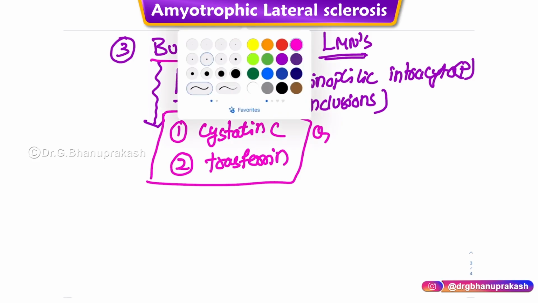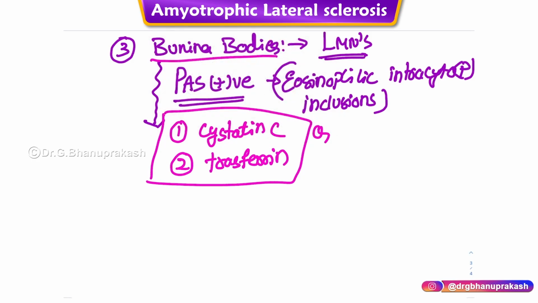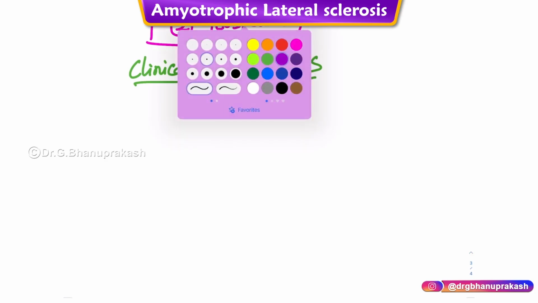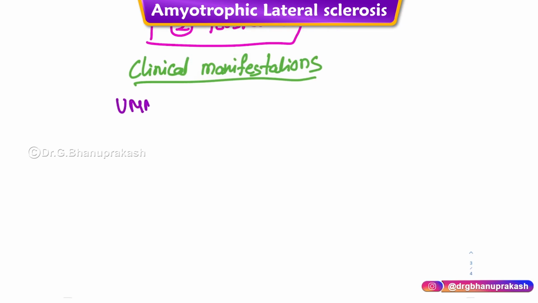After discussing morphological features, let us talk about clinical manifestations. We have quite a big list here. First, let me write about upper motor neuron lesions.